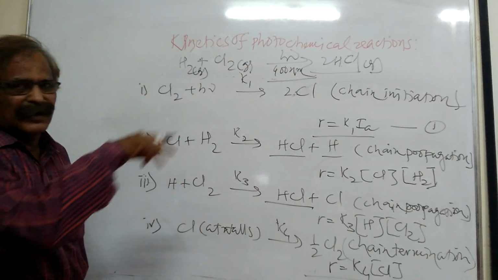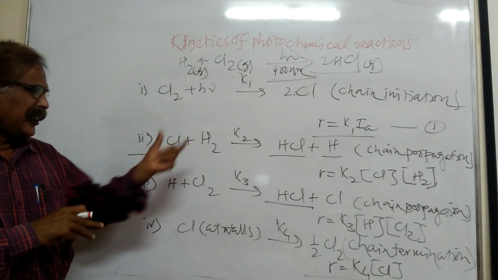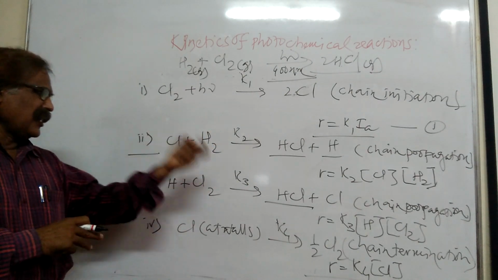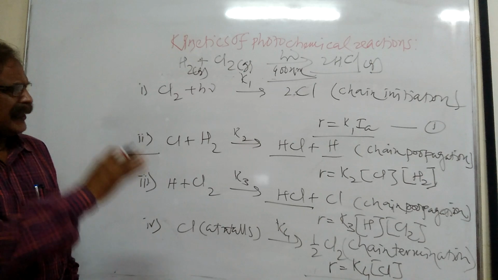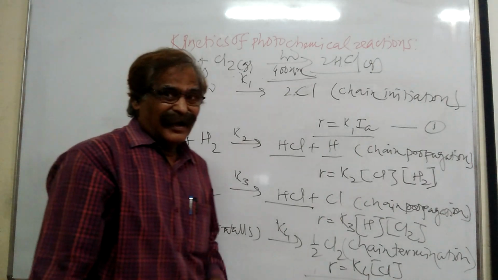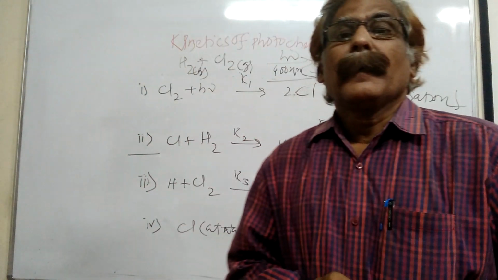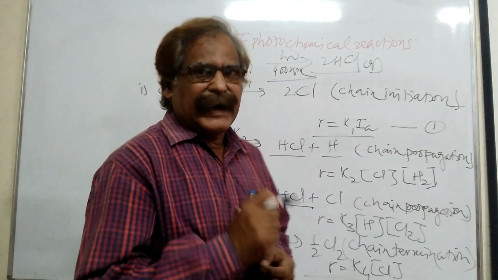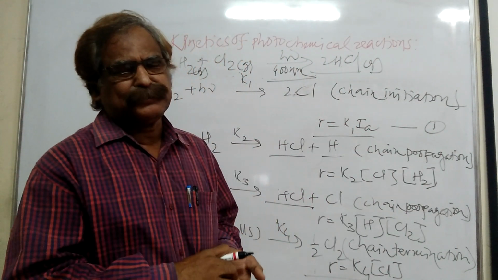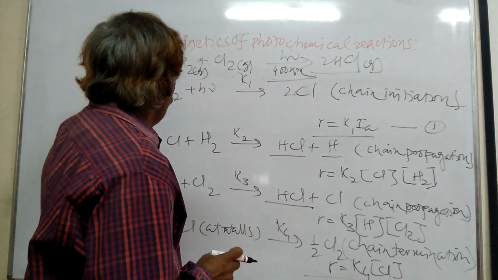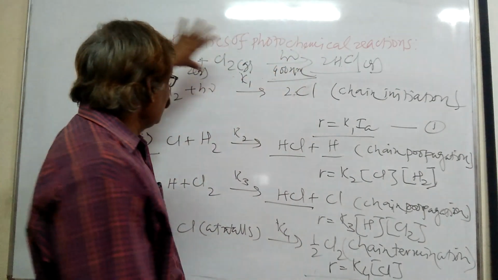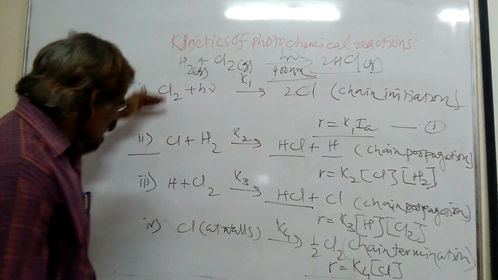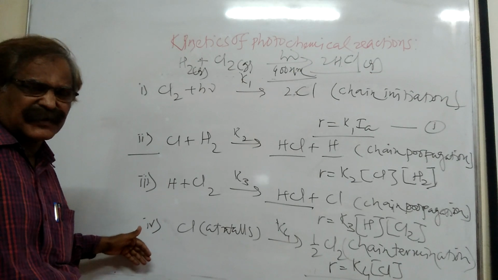So here these two steps, step 2 and step 3, are mainly responsible for propagation of this chain reaction. Without going into the details of what a chain reaction is, let us concentrate on how we can derive the rate law for the overall photochemical reaction involving so many steps.